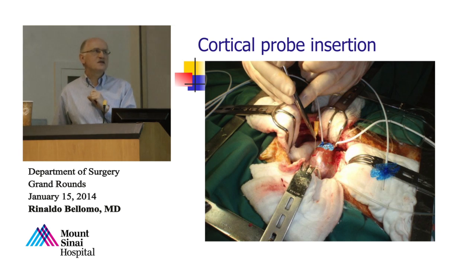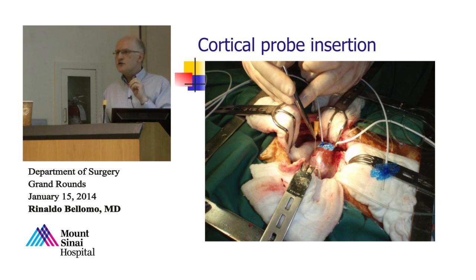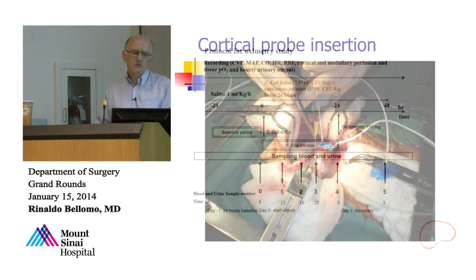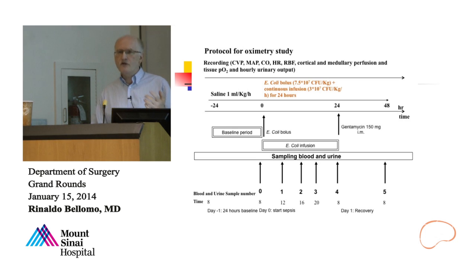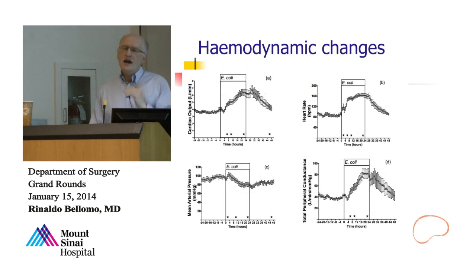And you can also insert probes that allow you to measure intrarenal oxygenation. And so now you have an animal, you can infuse gram negatives, you can measure total renal blood flow, but now you can measure intrarenal oxygenation, and you can measure microvascular flow in the cortex and in the medulla.